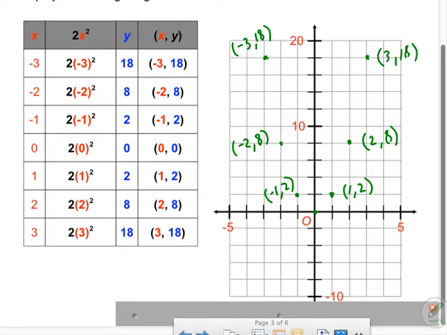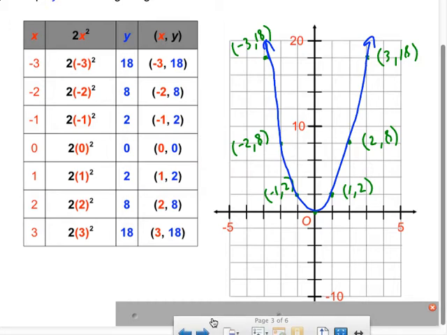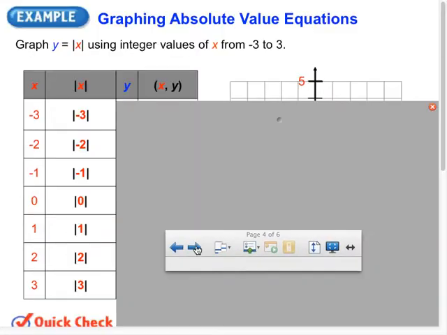And remember, on a parabola, it's always a continuous curve throughout. My graph, that wasn't really the best parabola. Okay, and what do we call this graph? Parabola.